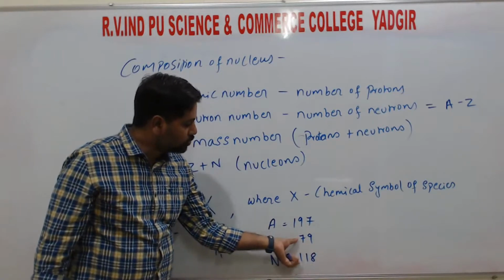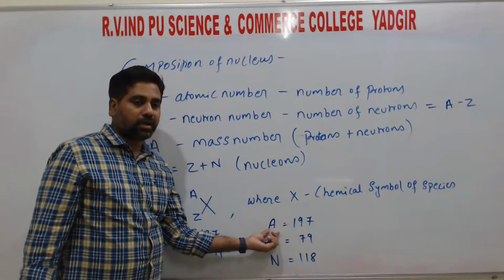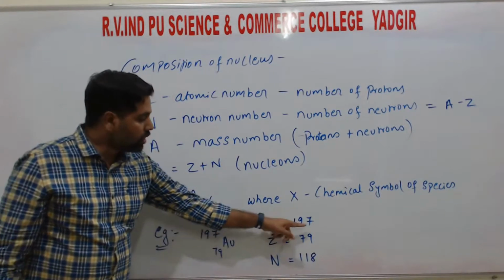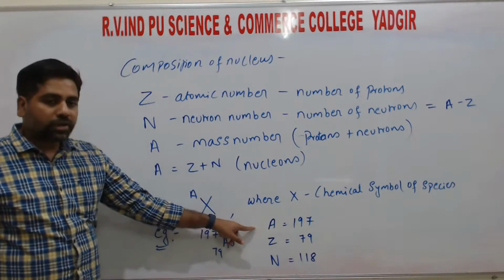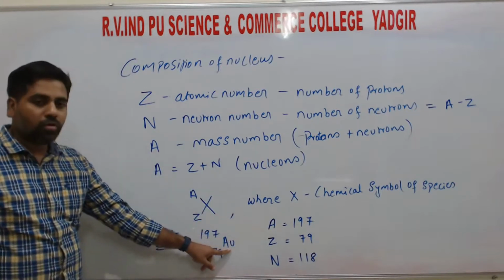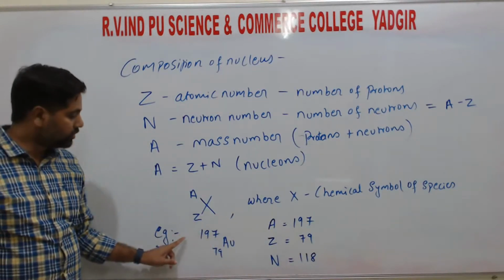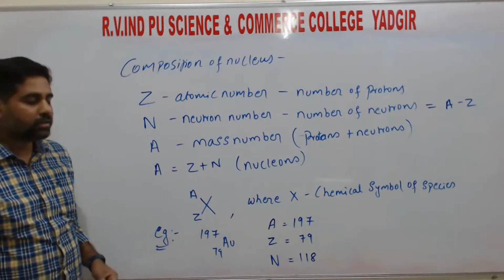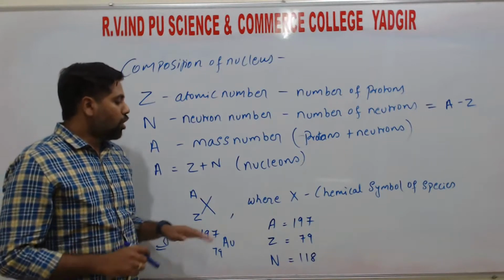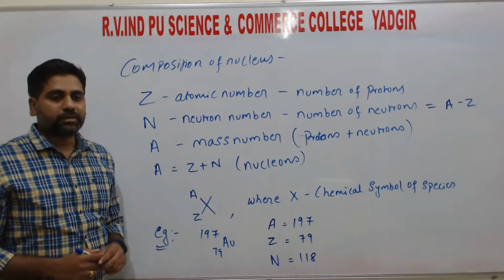If we add these two, we get the mass number A, that means the total number of protons and neutrons present in the gold nucleus, right? So this is one example, the composition of the nucleus.